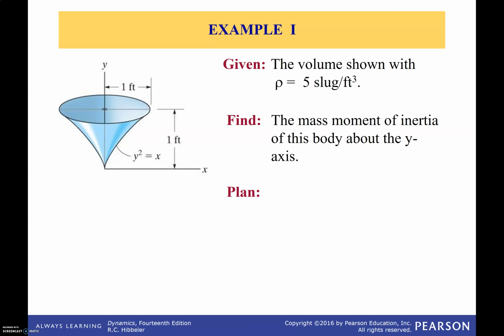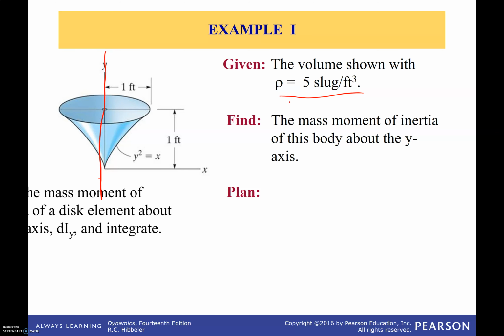So let's start with an example here. We have this object, you're given the density, and you're asked to calculate the mass moment of inertia of this body about the y-axis, this red axis. How do we do that?